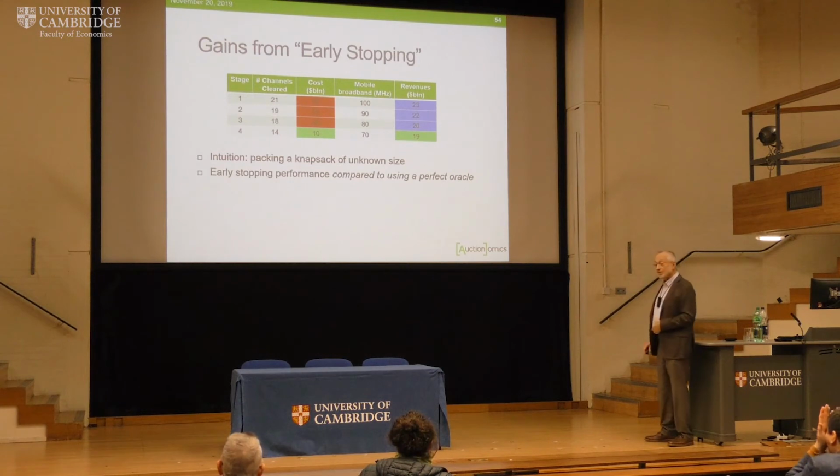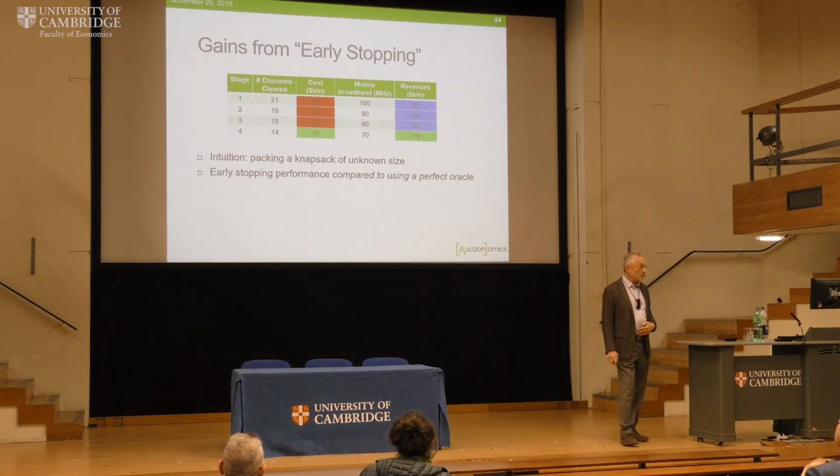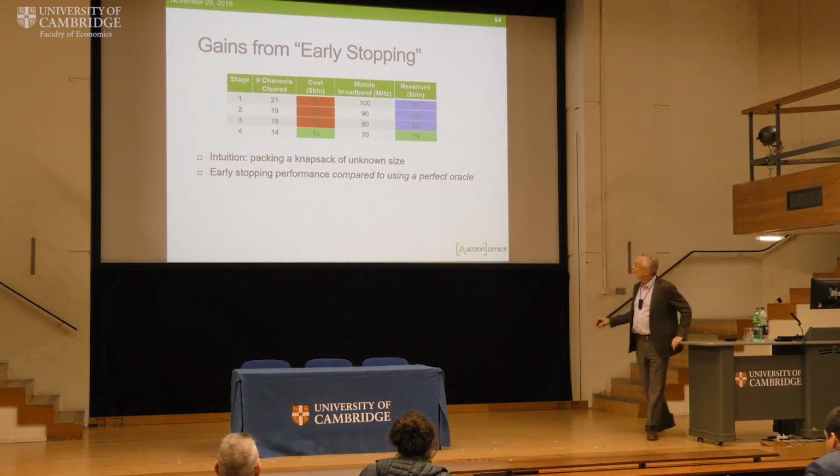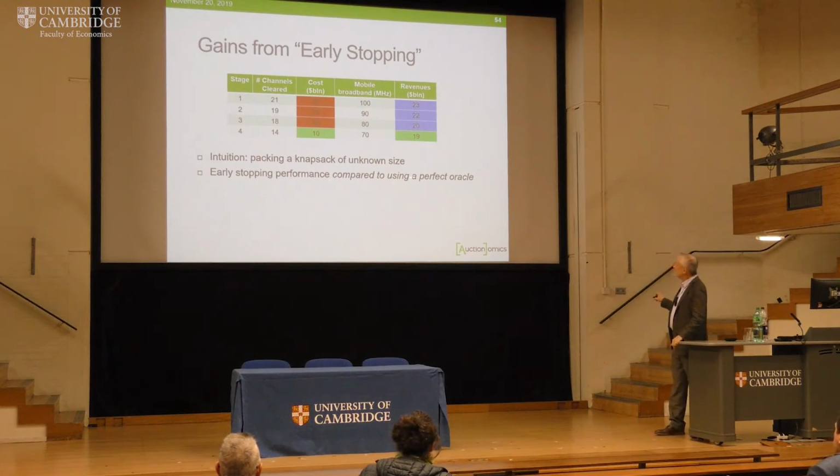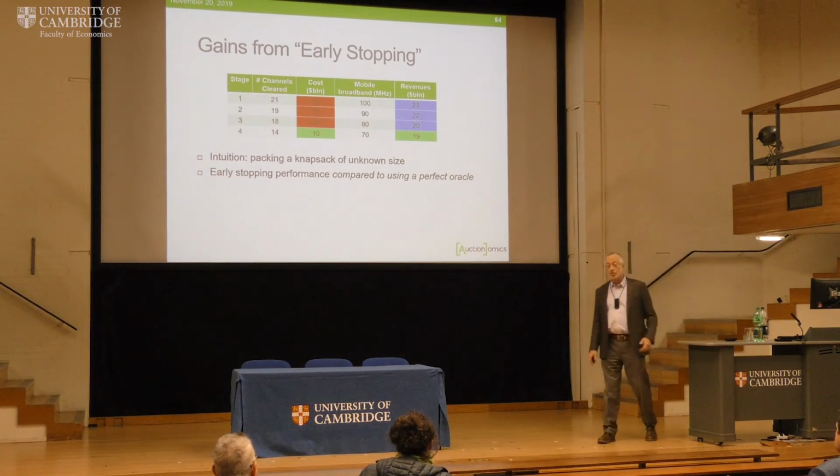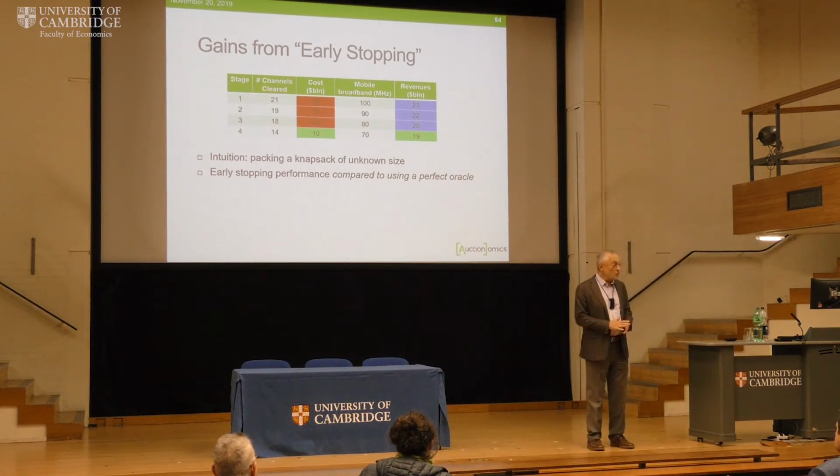And what we decided to do was to see how good this would be. So the comparison that we're going to make is early stopping compared to using a perfect oracle. That is, if we stop as soon as we know that the costs are going to be higher than the revenues, how does that do compared to if we perfectly knew that it was going to take 4 stages?